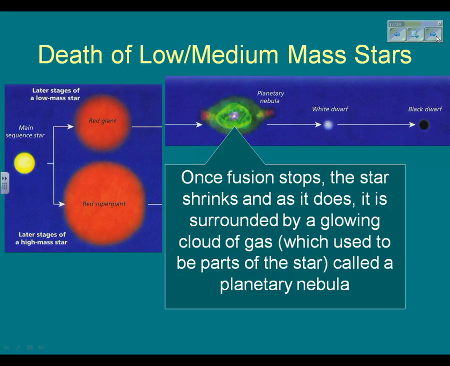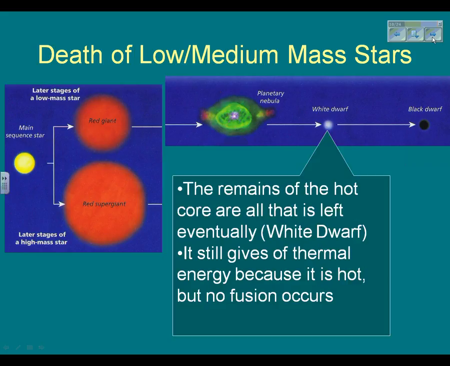But there's still a real dense part at the middle that used to be the core of the star, where it was the hottest and the pressure was the greatest. It's still hot, so it's still giving off energy. But how big is it compared to how big the star used to be?